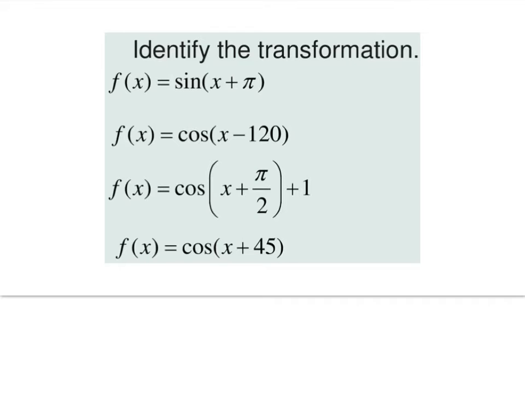Left? Okay, how much? I don't know what pi means. It's just pi. 3.14. It's just a number. Oh, okay. Does it go to the right then? No, it goes to the left.